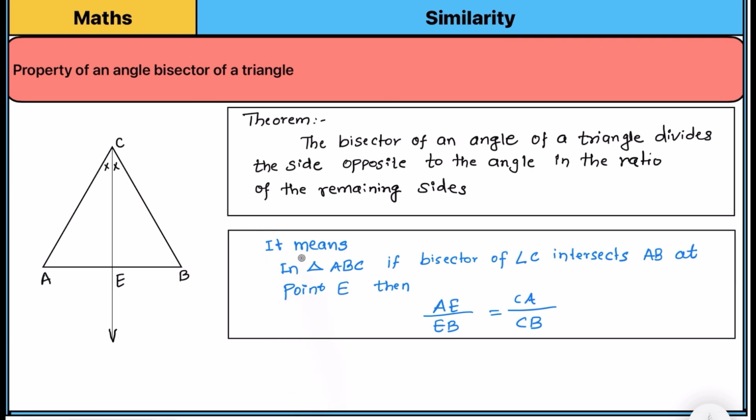In simple words, it means if in triangle ABC, the bisector of angle C is intersecting side AB at point E, then AE upon EB is equal to CA upon CB.